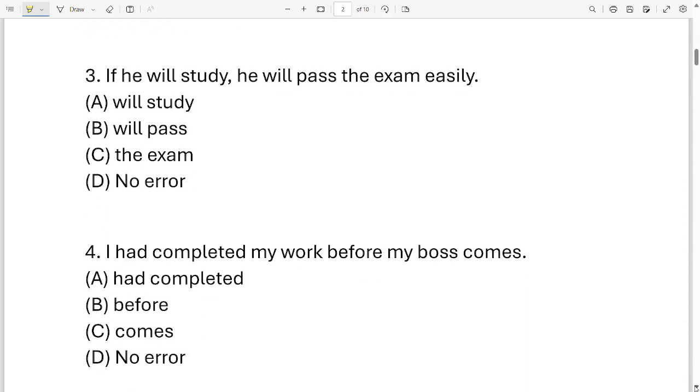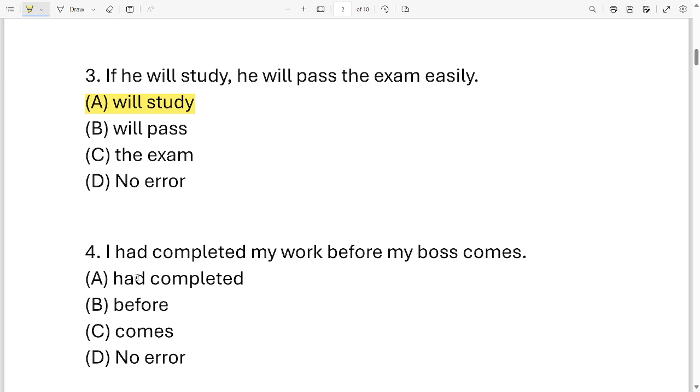Next one. If he will study, he will pass the exam easily. Now check whether this sentence has an error or not. It is option A. Will study is the error part of this sentence.